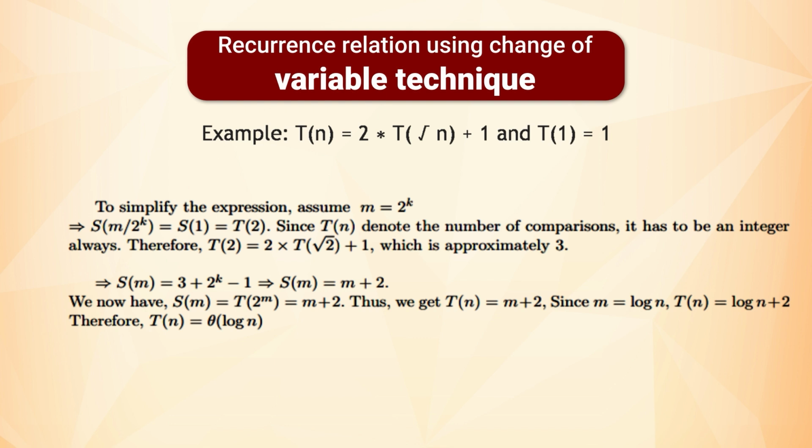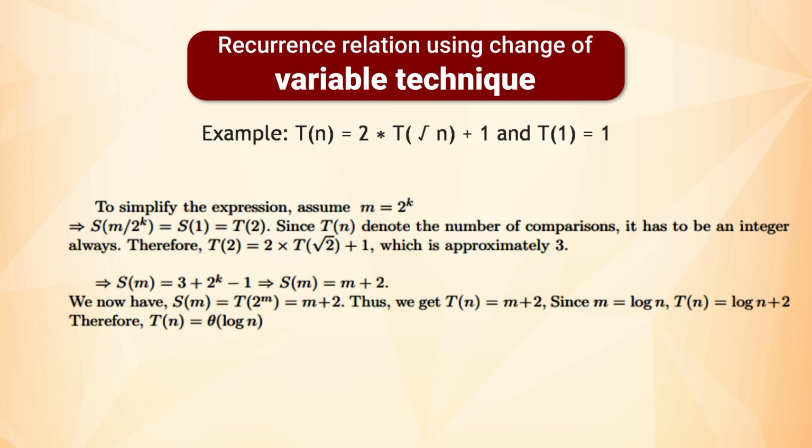After putting n = 2^m in the given recurrence, we get T(2^m) = 2T(2^(m/2)) + 1, and we introduce T(2^m) = S(m), and we get S(m) = 2S(m/2) + 1.